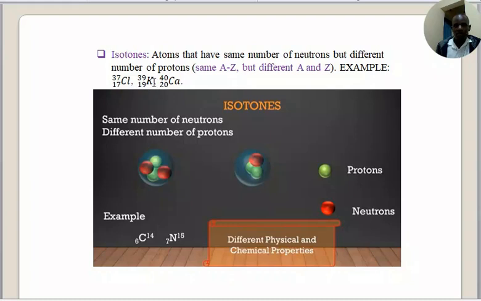You can see they have different mass numbers and also different atomic numbers. When you look at 37 minus 17, you get 20. 39 minus 19, you get 20. 40 minus 20, you get 20 still. So it means that they have the same number of neutrons but different protons. As you can see here, we have the same number of neutrons at 2, 2, but the protons here is 2, here is 1, so they're different.